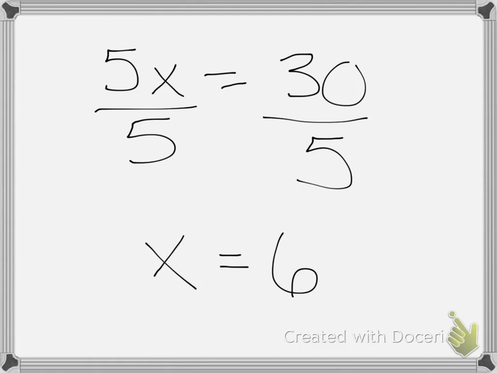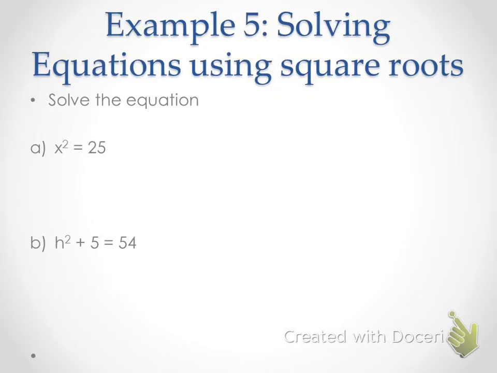All right? Well, it doesn't change here in example 5. My goal is to get x by itself, but now I have a pesky little exponent up here. So how do I get rid of an exponent? I can't just divide by 2. I have to, what do you think? Take the square root.